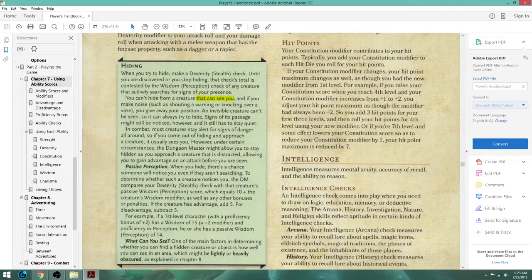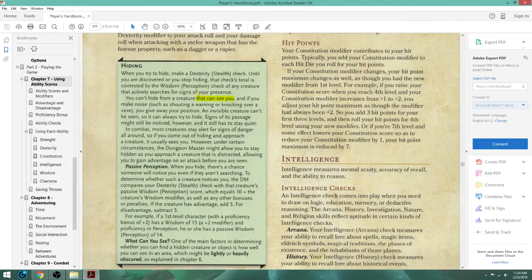By the way, let me go back real quick. So, when you're rolling a stealth check, usually you're going against the other person's passive perception. So, if you roll a 30 for your stealth check, let's just say, and the other person has a passive perception of 15, he does not see you. If a person is actively looking for you, he has to continually roll every round to see if he can find you.